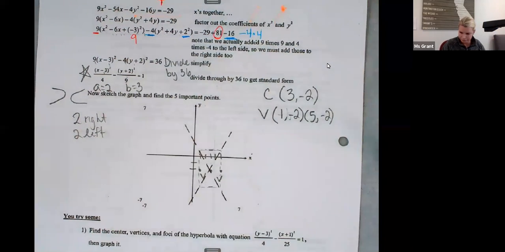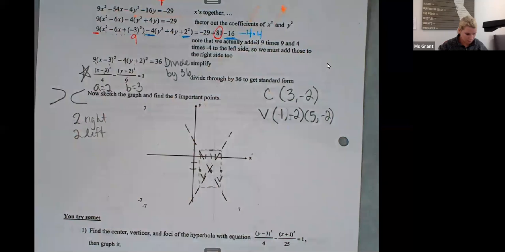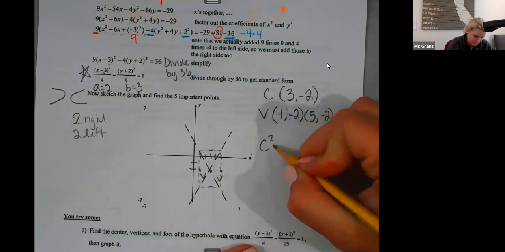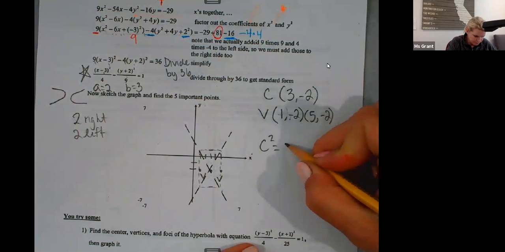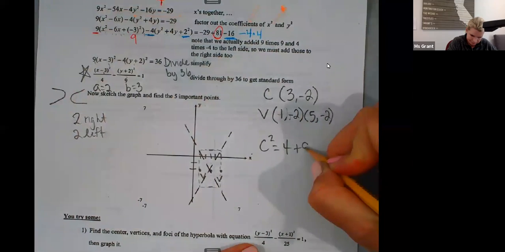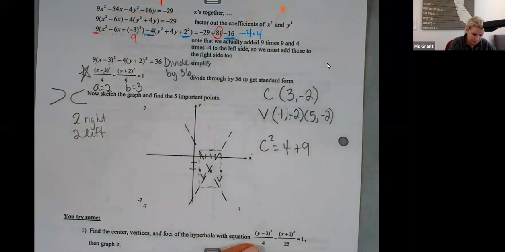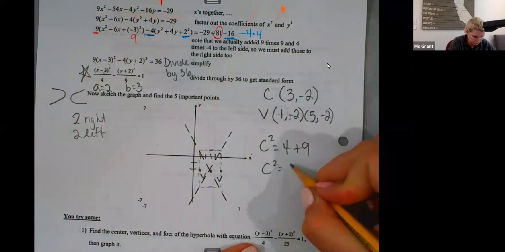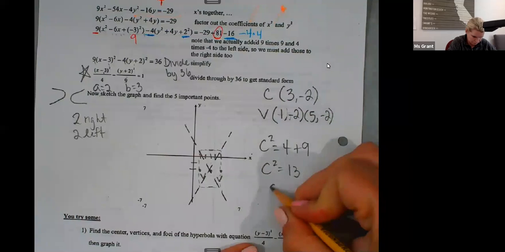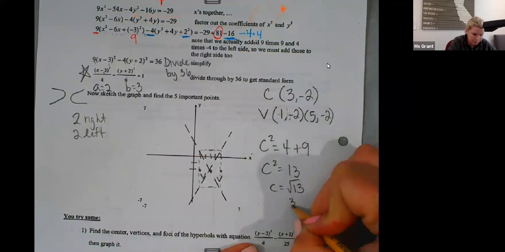All right. So, foci. A squared, 4 plus 9. Okay, that's my rad 13 again. About 3.6.